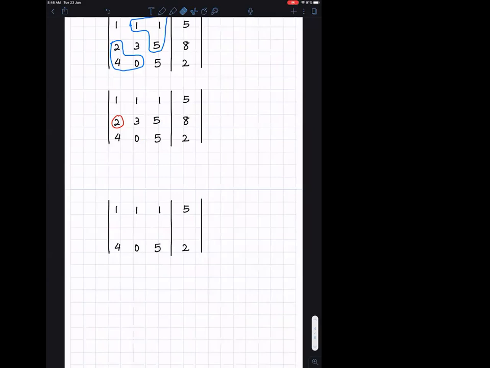So the change is going to be R2, the row 2 is going to be changed by subtracting 2 times row 1. So row 2 is 2, 3, 5, 8 minus 2 times row 1. Row 1 multiplied by 2 is 2, 2, 2, 10.